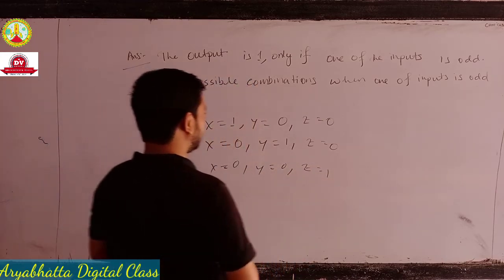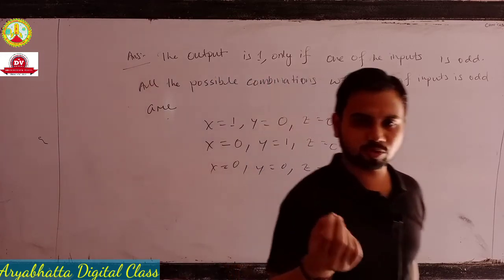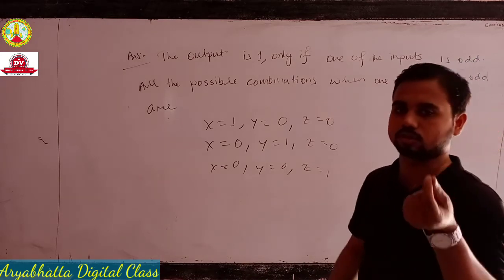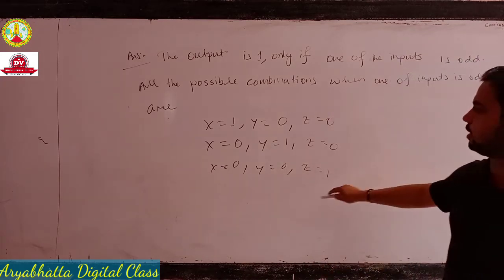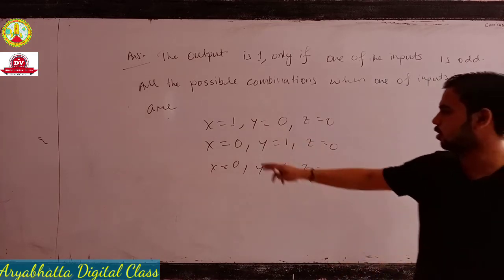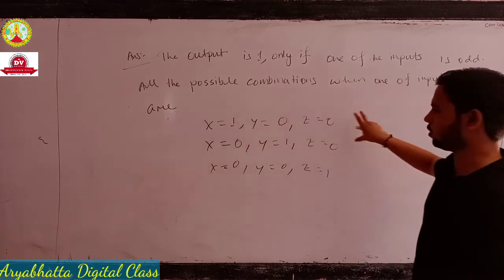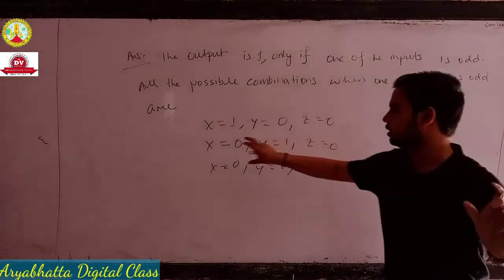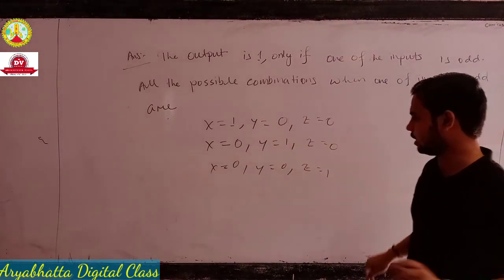You see, an odd value means only one input value may be coming in. That is the example in the question, but what are the possibilities? Maybe the value 1 is in x or y or z. Okay, it means an odd number. In this expression only one input has the value 1. In the second option also, and the third likewise.